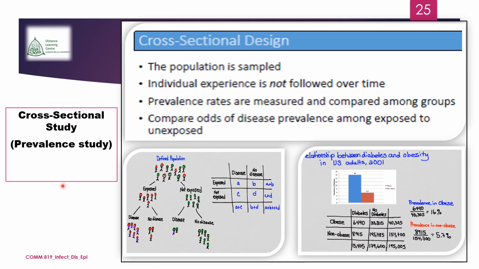So another commonly used observational study is the cross-sectional study or prevalence study. In a cross-sectional study, the population is sampled. You define the population, and the population you define will be both people that are exposed and non-exposed.